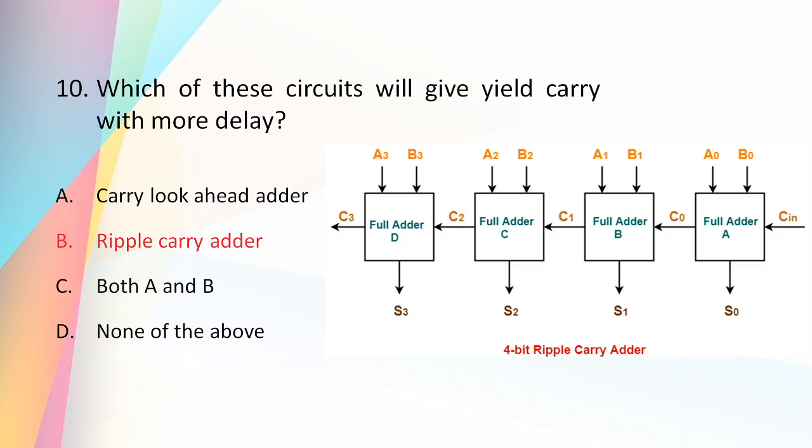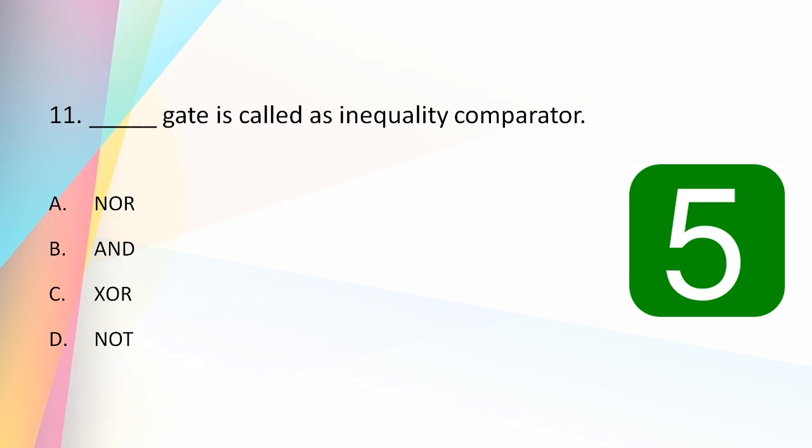So in the ripple carry adder, the carry is generated at one stage and it is rippled to the other stage, and from there again carry is generated which is taken to the next stage and it repeats. So there is a propagation delay when compared to the carry look ahead adder, which acts a little faster.